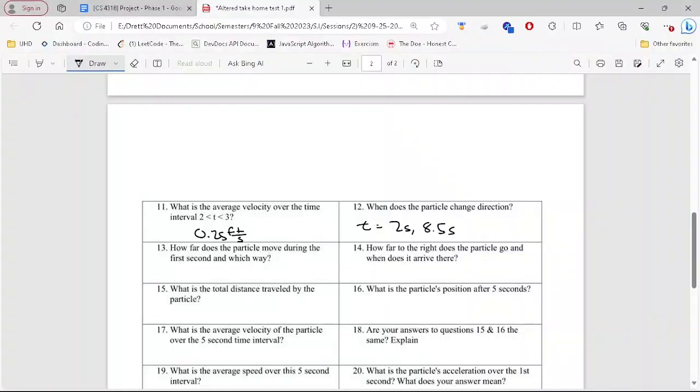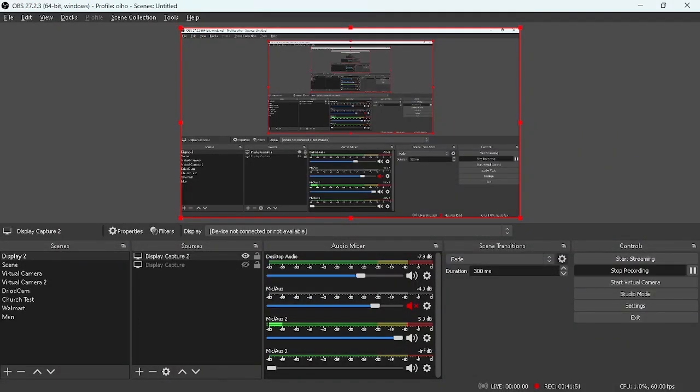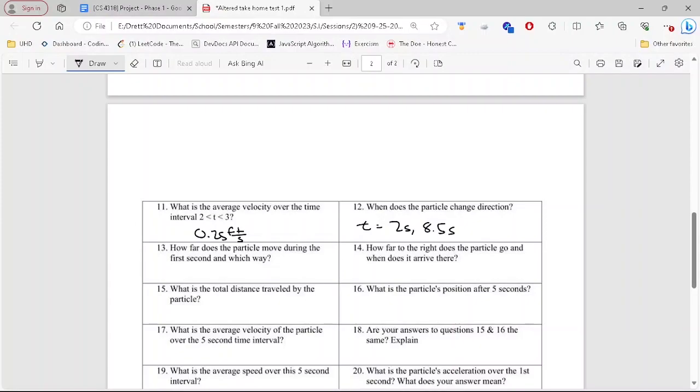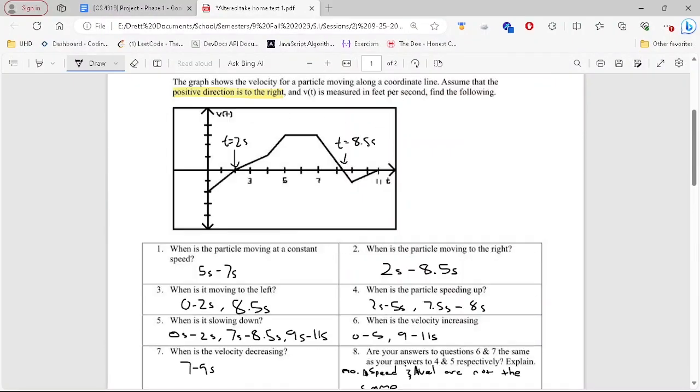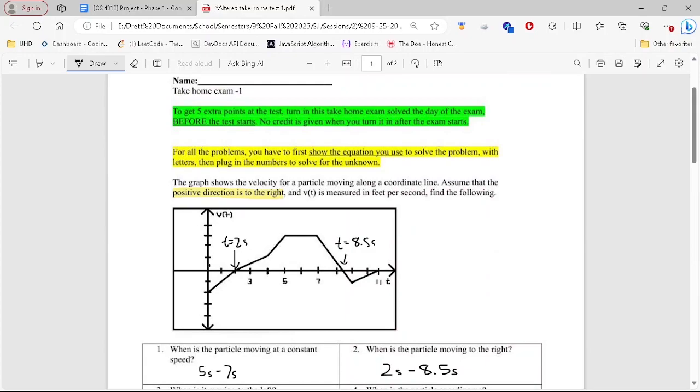Okay, how far does the particle move during the first second, and which way? Okay, I understand the question now. During the first second, from here to here, how far does it move?